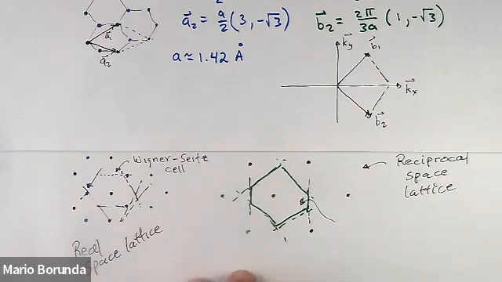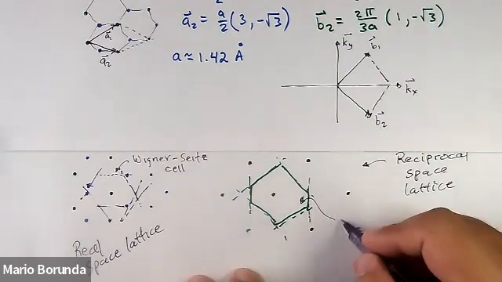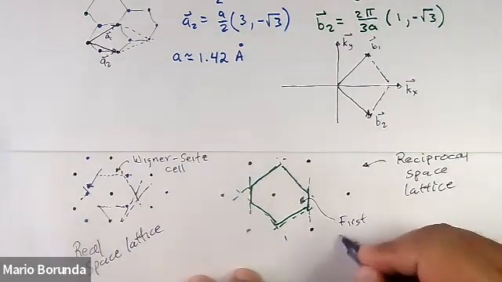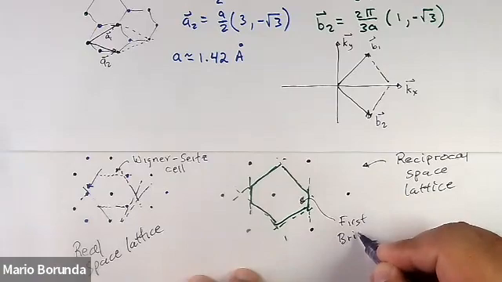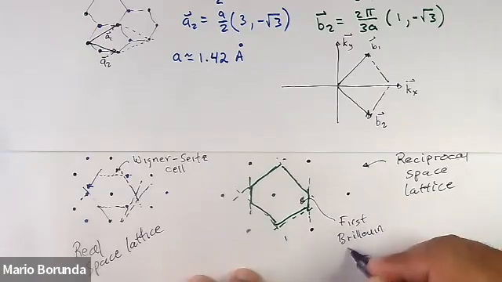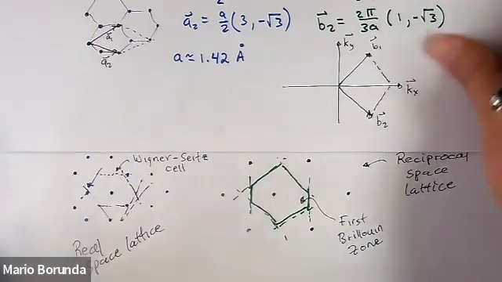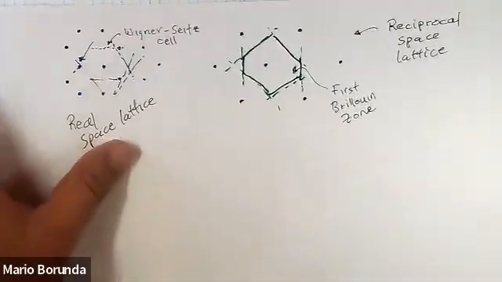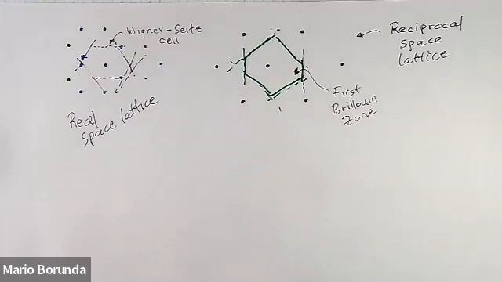In reciprocal space, this is called the first Brillouin zone. But it's constructed the same way as the Wigner-Seitz cell. It's just that it has a different name because we have to be fancy, right? So the Wigner-Seitz construction in reciprocal space is known as the first Brillouin zone.